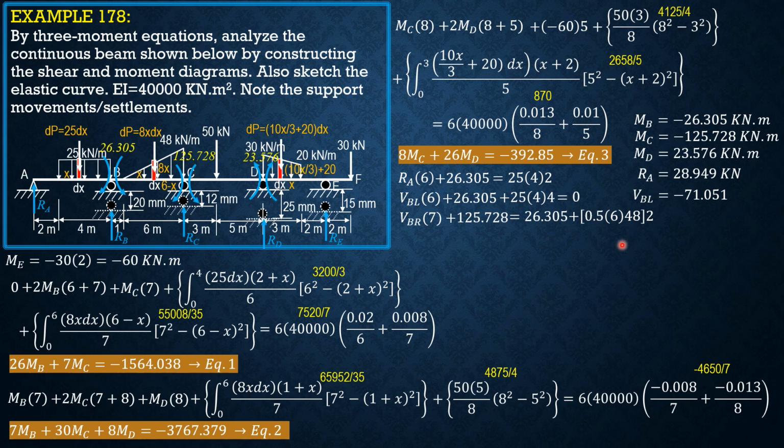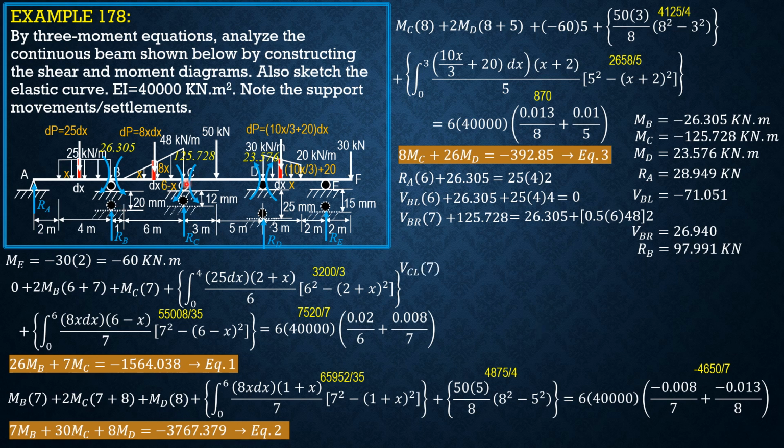So shear at B just to the right is equal to 26.940. So the vertical reaction at B is the shear at B just to the right minus the shear at B just to the left. So 26.94 minus negative 71.051. You simply add, consider the absolute value. So RB is 97.991 kilonewtons.